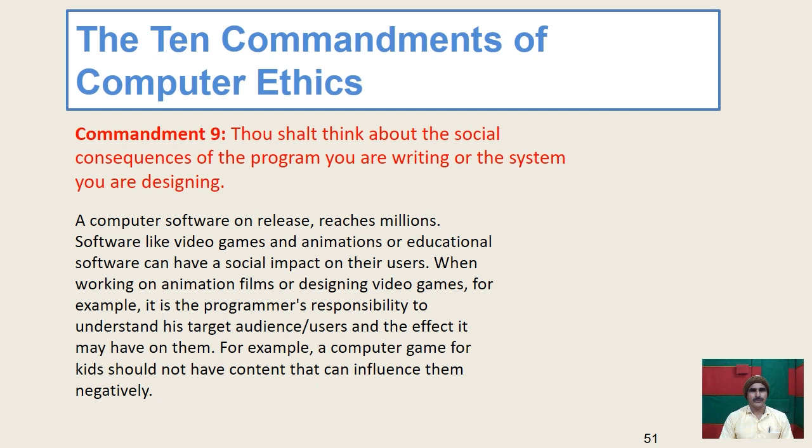So software like video games, animations or educational software can have social impact on their users. These video games, animations and educational software are made for a social purpose. Means video games are played by people, animations are watched by people, and educational software is used by students.